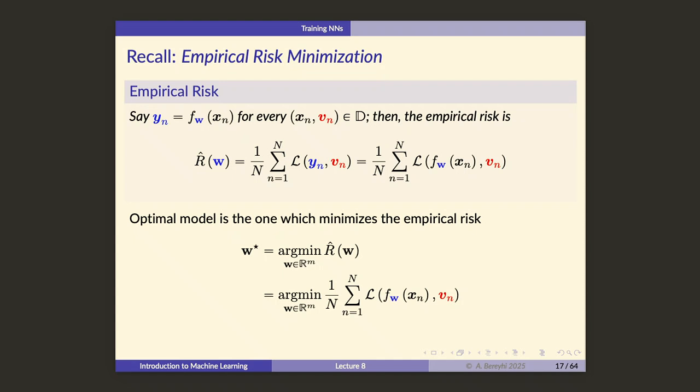Okay, great. So one thing here, this function R hat of W, the empirical risk function, is it still a convex function? You remember when we did linear regression, it was convex, right? It was the norm of XW minus v, and that one, we said, is a quadratic function. It's always convex, right?